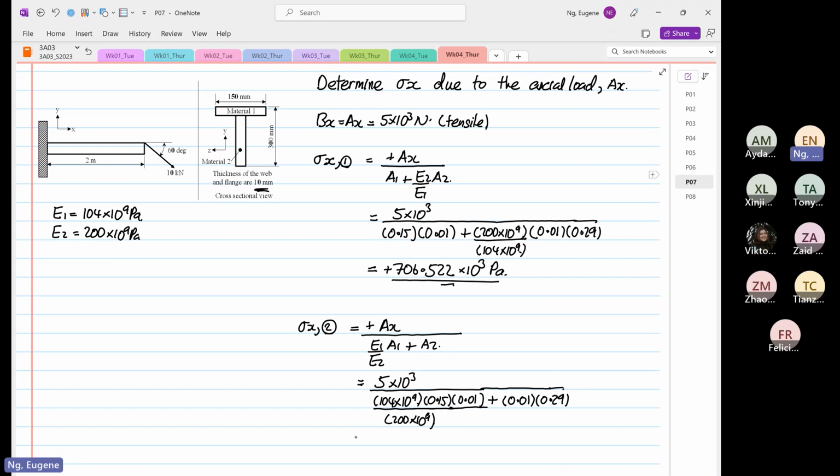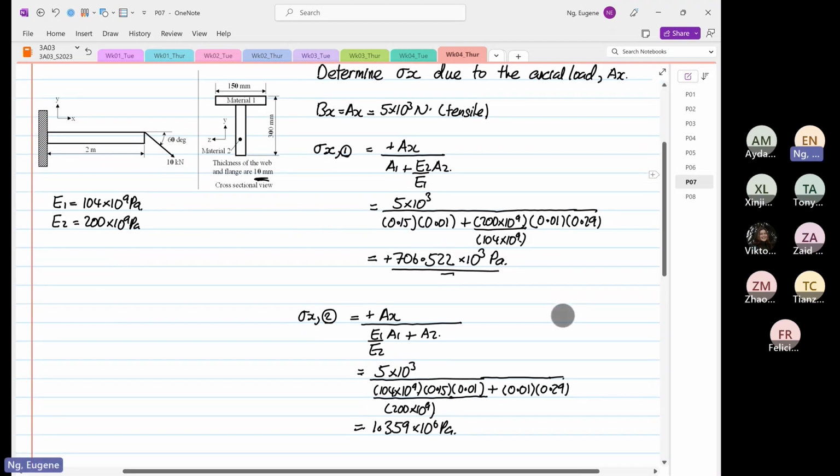Okay. So this will be equal to 104 over 200, times 0.15 times 0.01 plus 0.01 times 0.29. Then 5 power 3 divided by that, so it's equal to 1.359 times 10 to the power 6 Pascal.